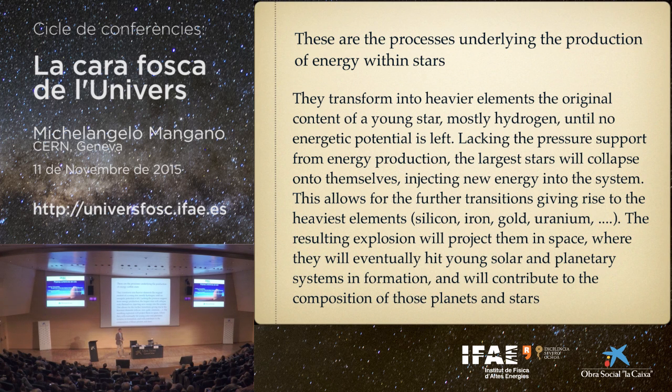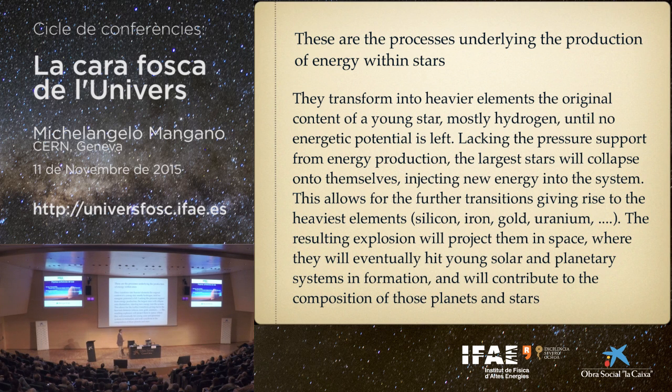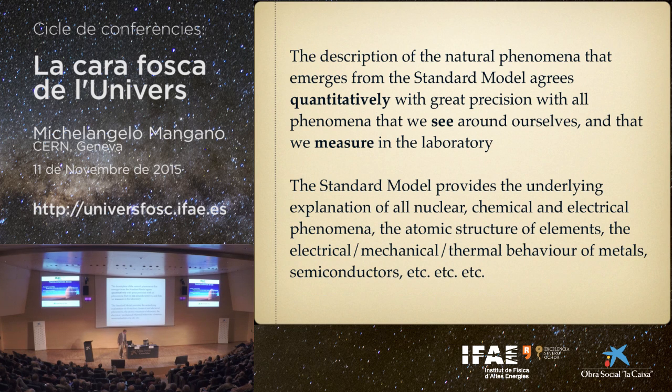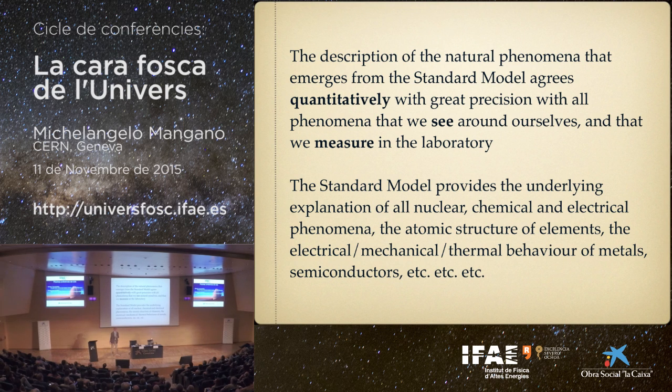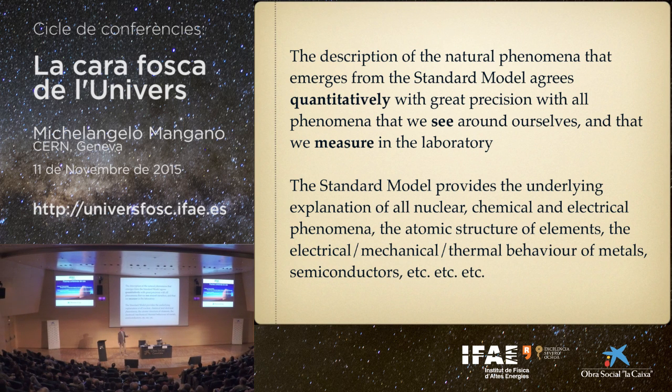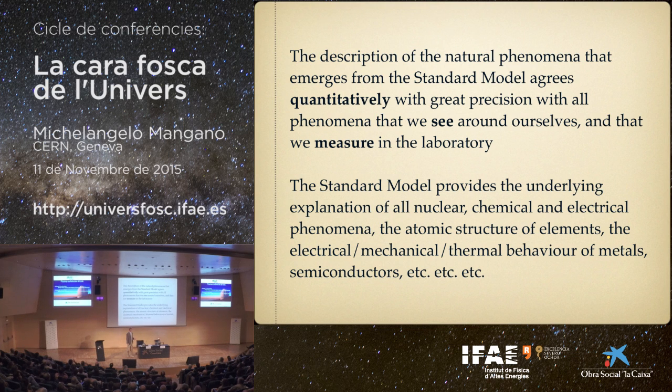Eventually, they will form planets, planets like the Earth, in which we do find silicon, iron, gold, uranium, and all of these heavy elements. So all of this is understood. We understood where the uranium, the gold, the silver that we find on Earth come from, what their origin is. Okay?